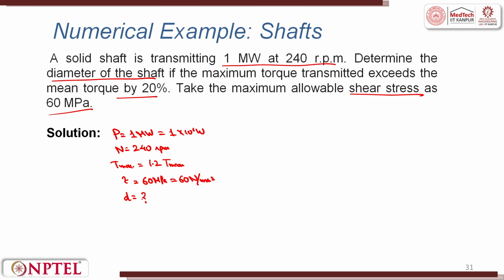So, let us put the torque transmitted again. So, T mean is equal to power into 60 by 2 pi n, which is equal to 1 into 10 raised to the power 6 into 60 by 2 into pi into n is 240.